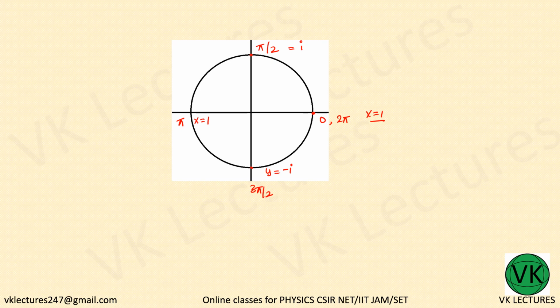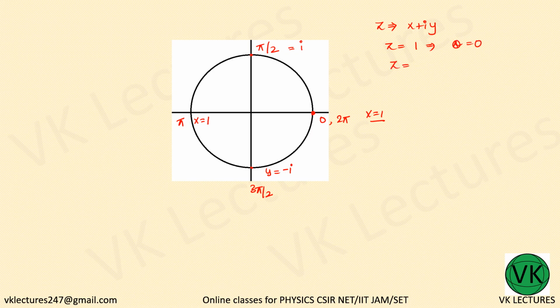When I write the complex number z equal to x plus iy, the values when z is equal to 1 means this is the point, that is 0, theta equal to 0.